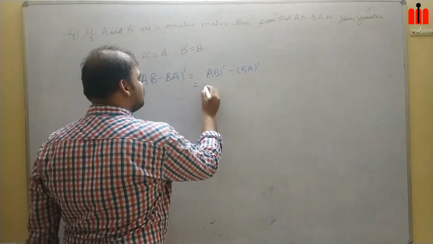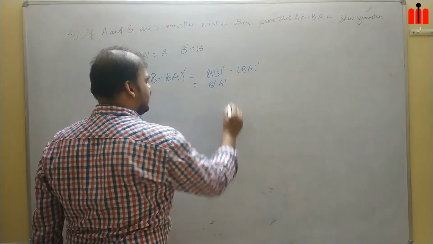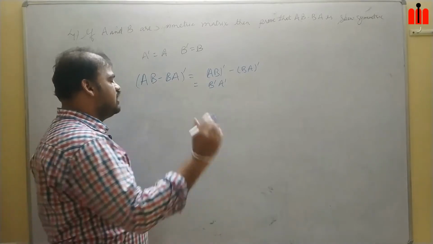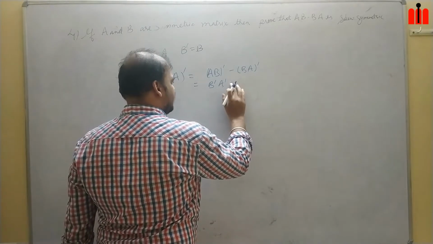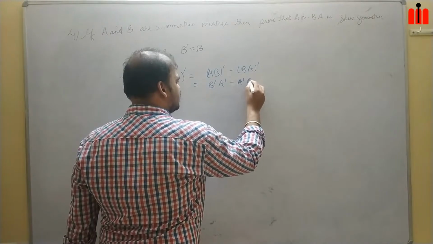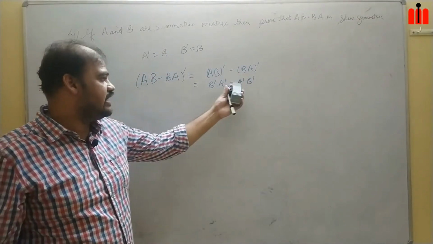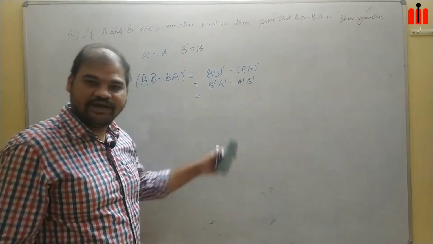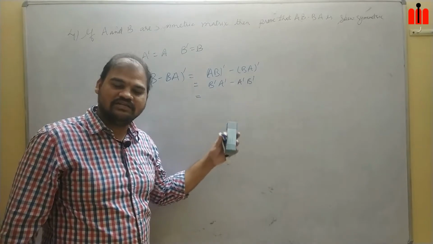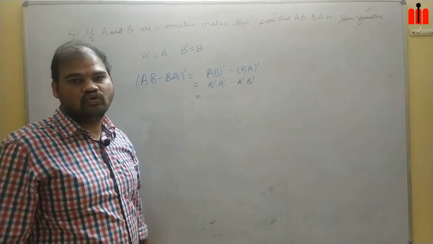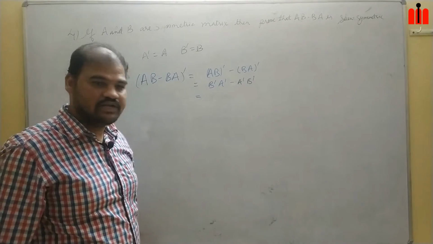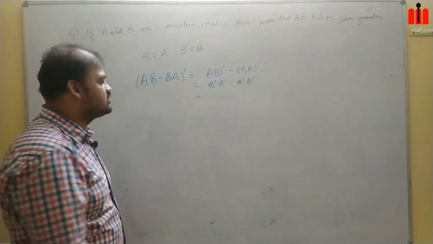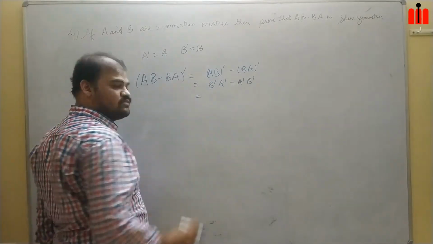So AB transpose is B transpose A transpose, and BA transpose is A transpose B transpose. These all things we had discussed in our detailed explanation classes, how AB transpose is B transpose A transpose. So you go through our detailed explanation for further explanation. So B transpose is nothing but B, because B is a symmetric matrix. A is also a symmetric matrix, so A transpose is equal to A.